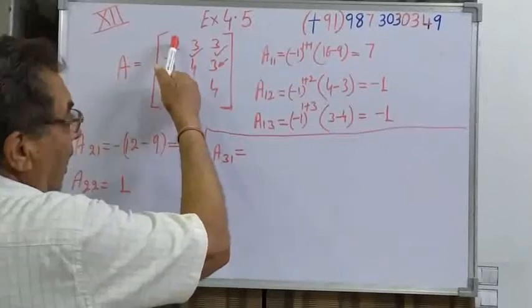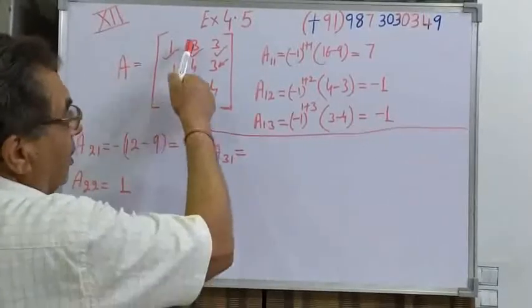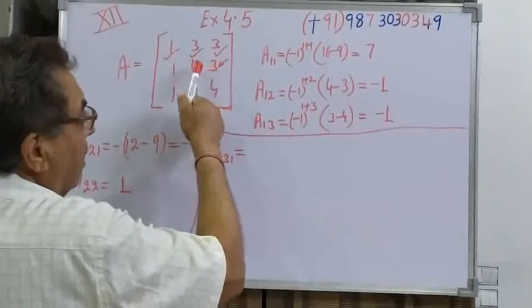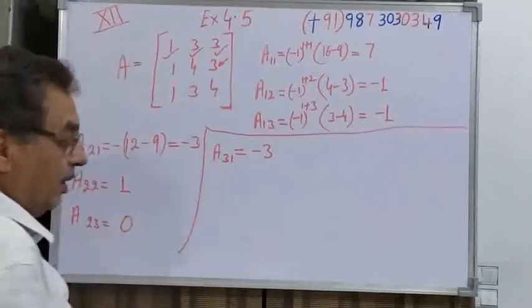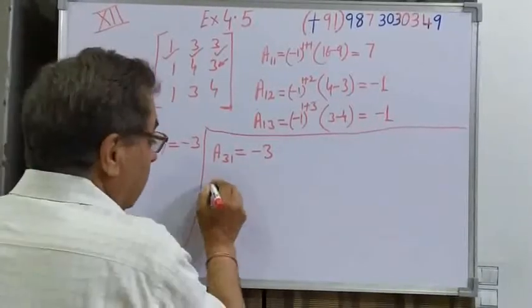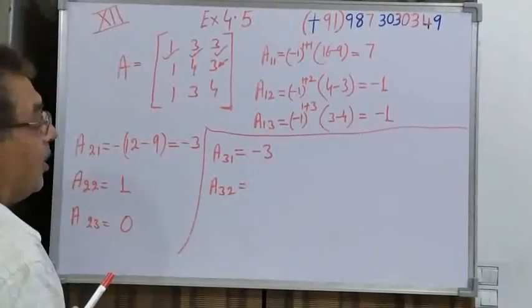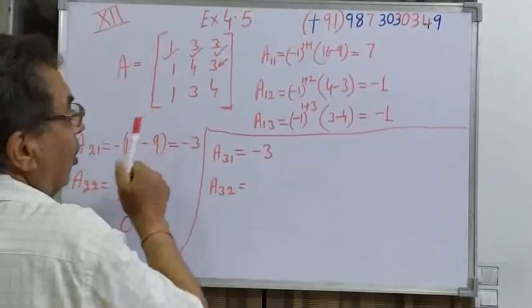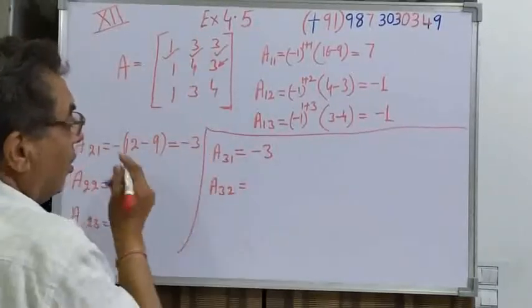That is, hide the third row and first column. 3 3s are 9 minus 12. That is minus 3. Of course, 3 plus 1 gives the even sign. Now the next is A32.